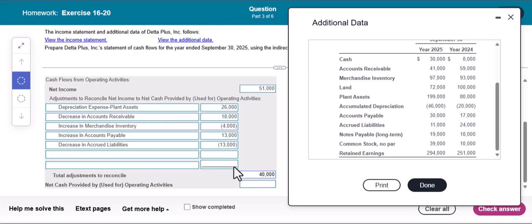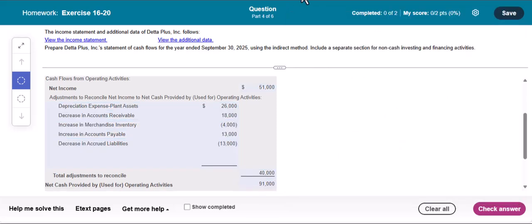And then add that adjustment to reconcile to the net income for a total of $91,000. So what this means is from their operating activities, which is the main reason that the company exists, to buy and sell services and products, they had a positive $91,000 of cash flow. That's good.